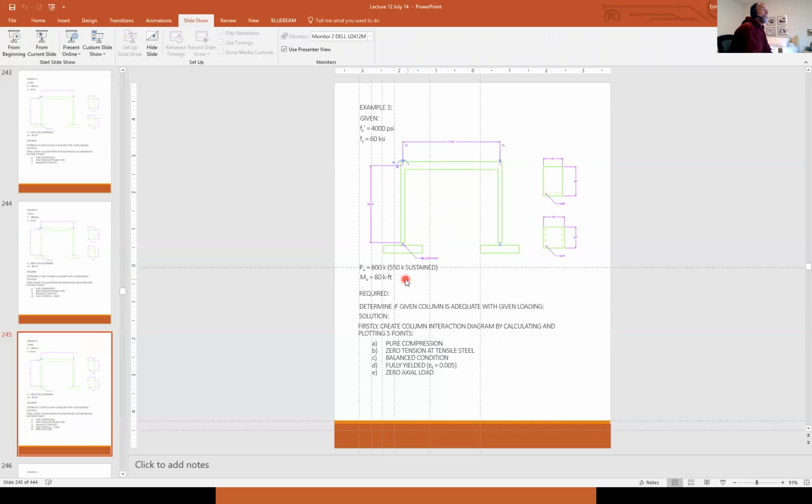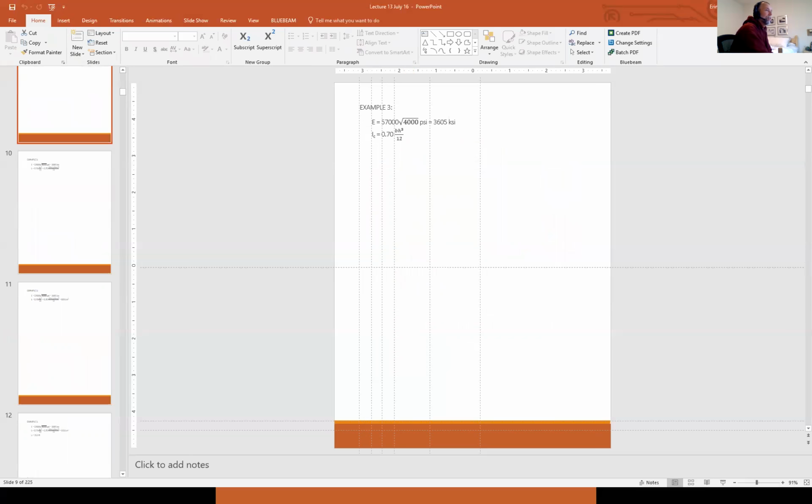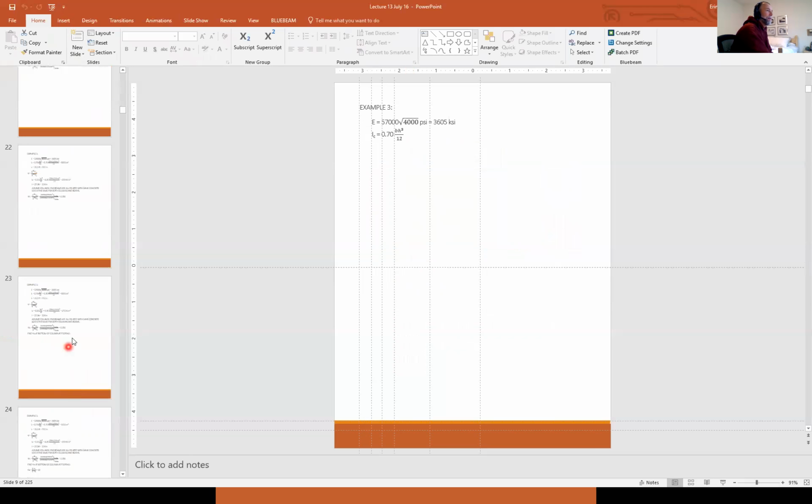So really what that's saying is the factored dead load is 550 kips, but the total factored load, which includes live load, is 800 kips. So the ratio is 550 over 800. So when I got to today's lecture, I lost that point, didn't I?